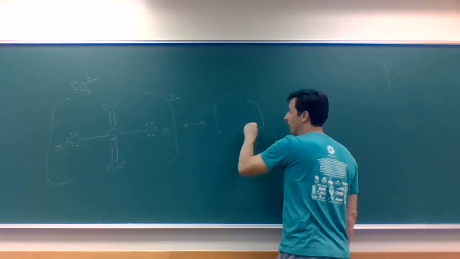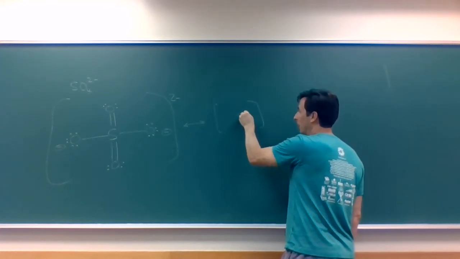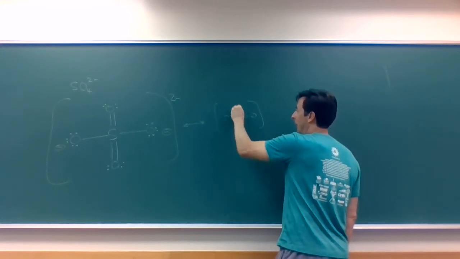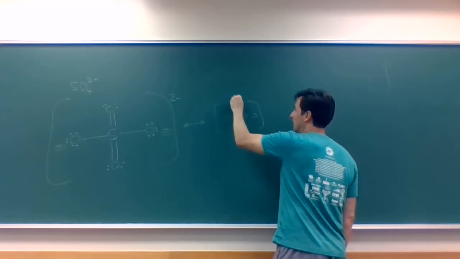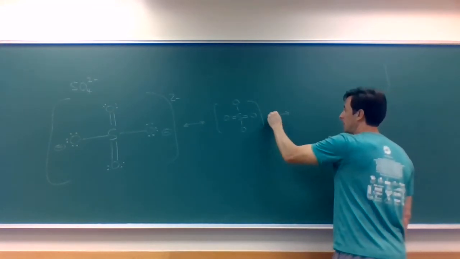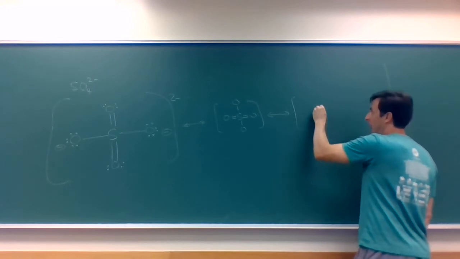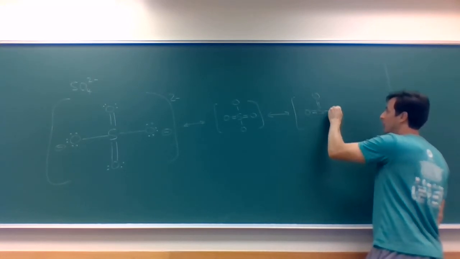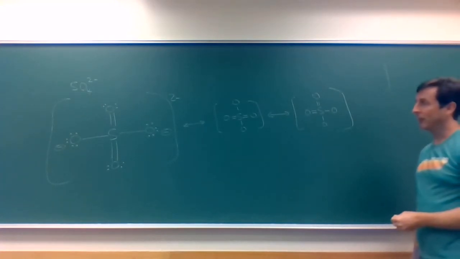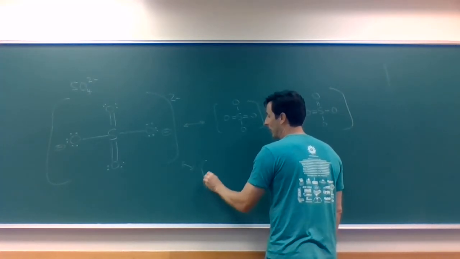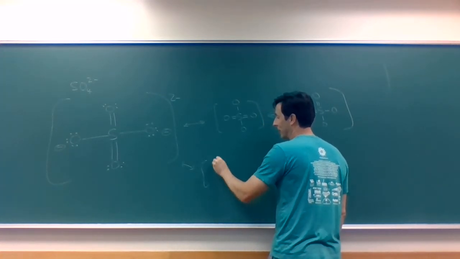But I could have done the sulfur with the double bonds to the outside and a single bond to each oxygen. Or I could have done a double bond to the left and a double bond to the top and a single bond down and a single bond to the right. And I can keep going. I believe that I should be able to draw 6 different forms with this.